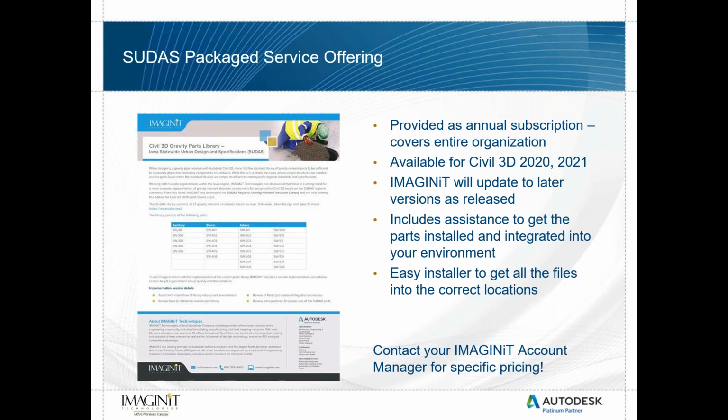I will be more than happy to get in touch with the appropriate people for you. The way that this is working is we have the parts available for the 2020 and 2021 versions. We will handle the maintenance on the parts.